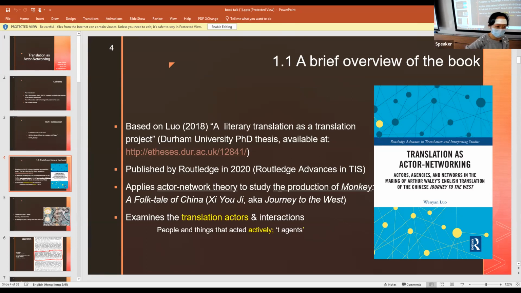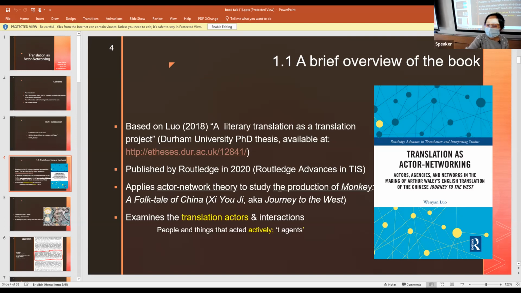And by actively, I mean they contributed either negatively or positively to the production process, non-neutral. Some ready examples of translation actors include the translator, the publisher, the editor of any translation. Some researchers, such as Ellen Buzelin, call them translation agents.